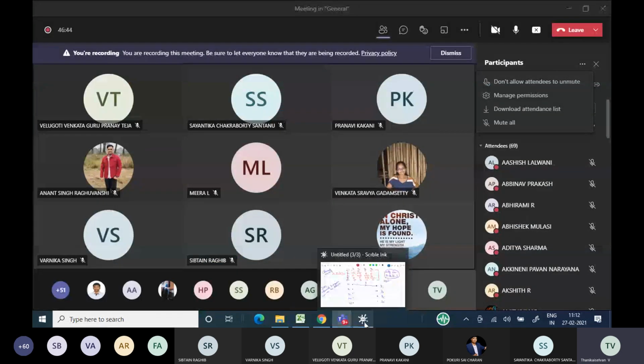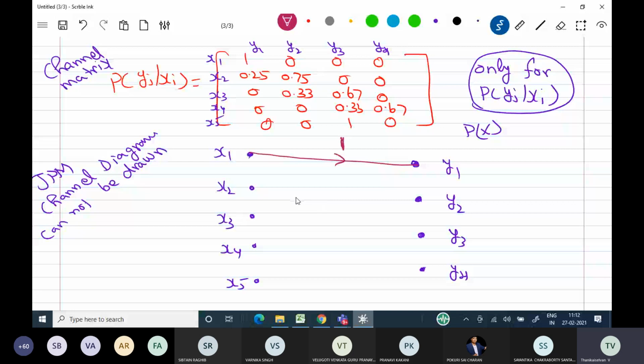Totally around 70 students are here. This diagram is understandable, and you are able to do anything with entropy calculation. You see x2 is connected with y1 and y2. Wherever the probability values are there, those points are connected together. It means the probability of y1 given x2 is 0.25, and the probability of y2 given x2 is 0.75. Remaining connections are not available, so we have made them 0 in the conditional probability matrix.